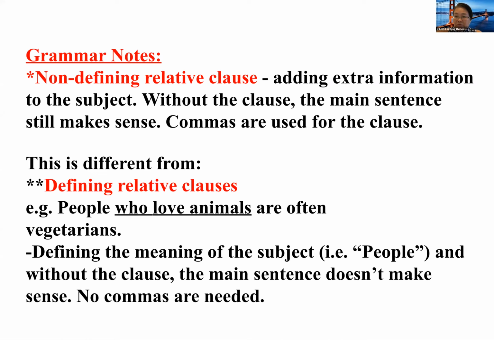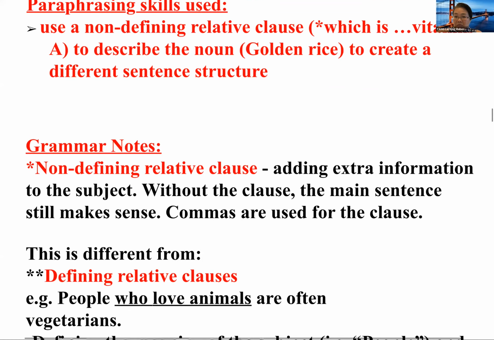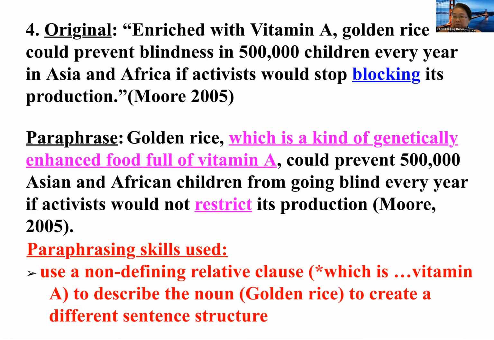Since we are on the subject of relative clauses, I think some students would love to use mainly the non-defining one, like this one. But be careful. The verb form is usually the problem. Golden rice could prevent: golden rice is the subject, and could prevent is the main clause of the sentence.